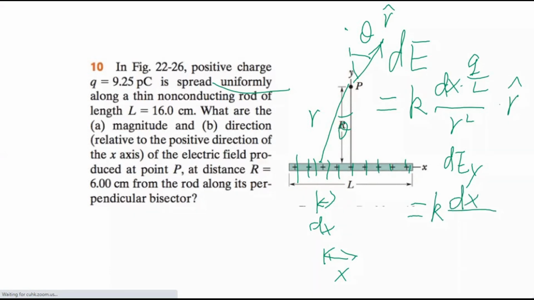So that would eventually be k Q dx over L, and then small r cubed times the big R. And small r is actually the square root of the big R square plus the x square, so we can directly replace that.